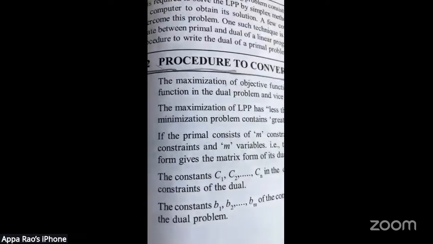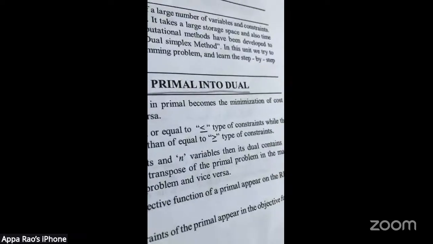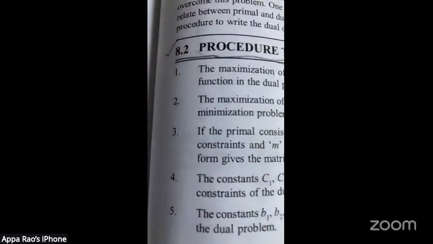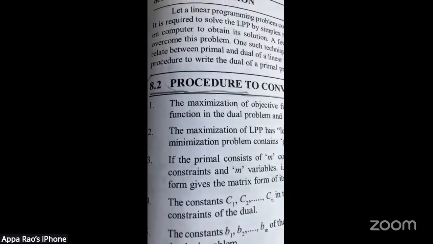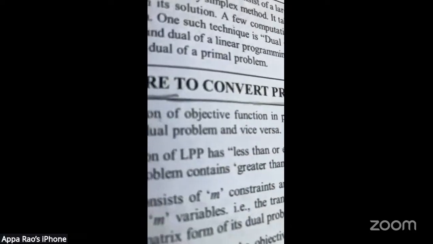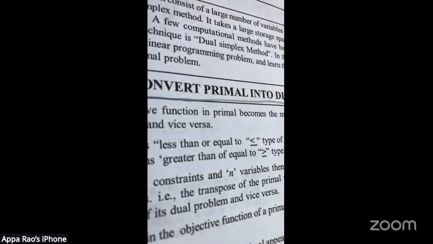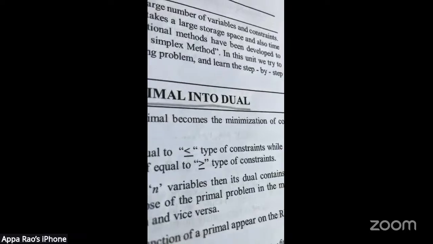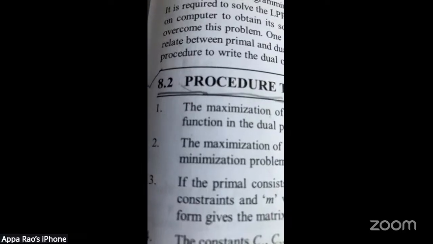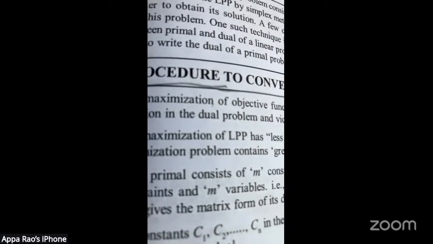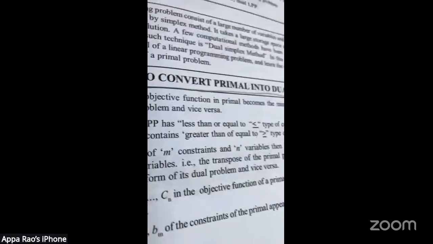Once again, the procedure to convert primal into dual. First, maximization of the objective function in the primal becomes the minimization of the cost function in the dual problem and vice versa.